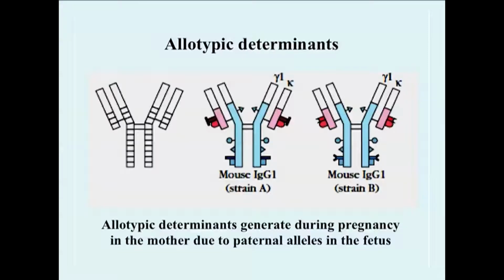These determinants are called allotypic determinants and anti-allotypic antibodies are generated against it. Like allotypic antibodies are generated during pregnancy in the mother in response to paternal alleles present in the fetus.